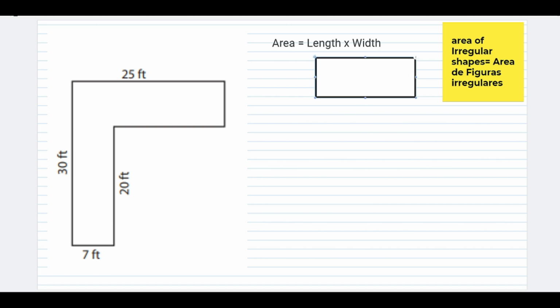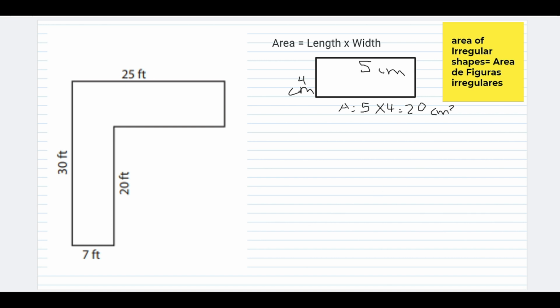If the length is 5 centimeters and on this side is 4 centimeters, area is equal to 5, which is the length, times 4, which is the width. So we got 20 square centimeters. This is the way we do that with a regular shape.